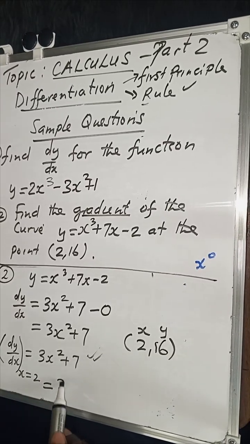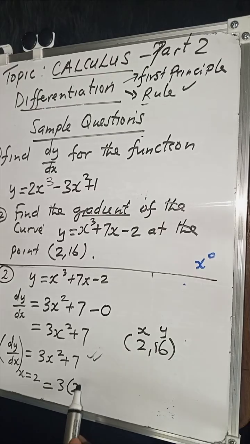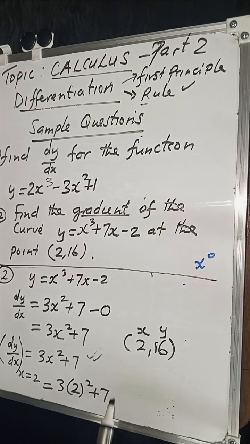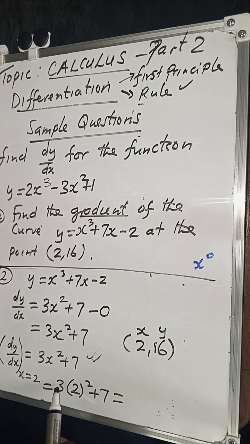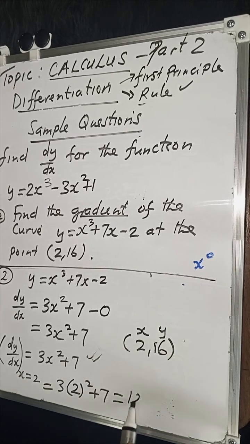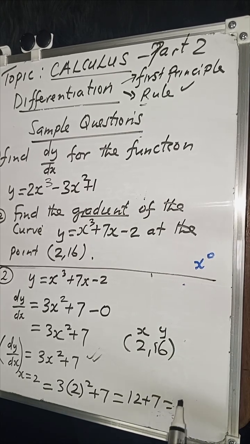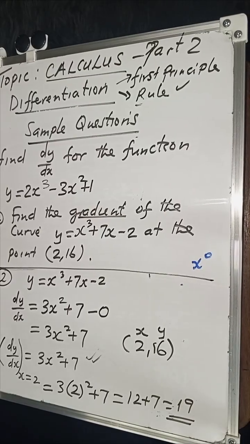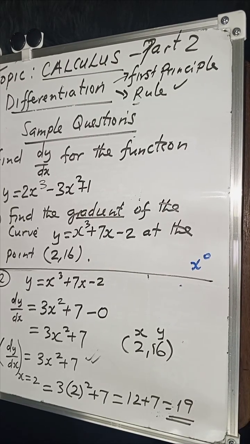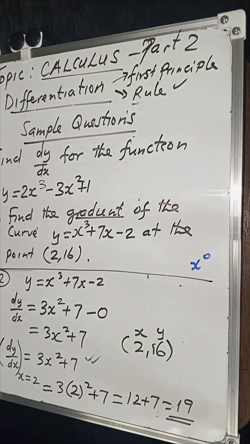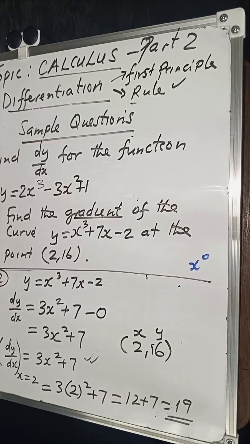So we replace there. It will be 3 multiplied by 2 raised to the power 2, plus 7. Remember, 2 raised to the power 2 is 4. 4 times 3 is 12, plus 7 gives us 19. So our gradient at that particular point is 19.